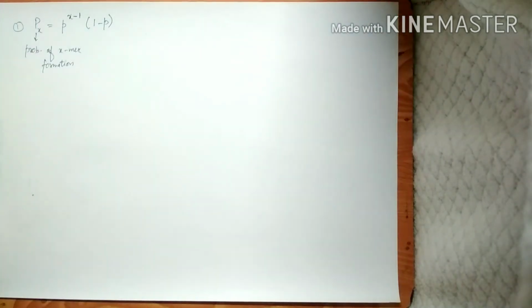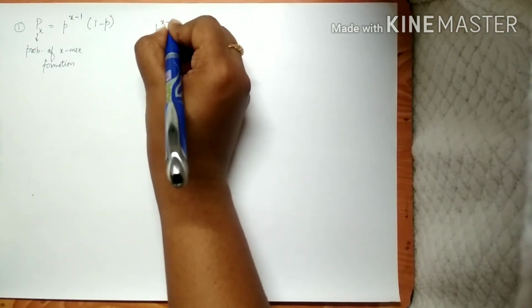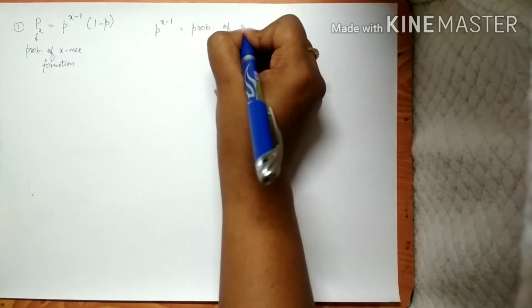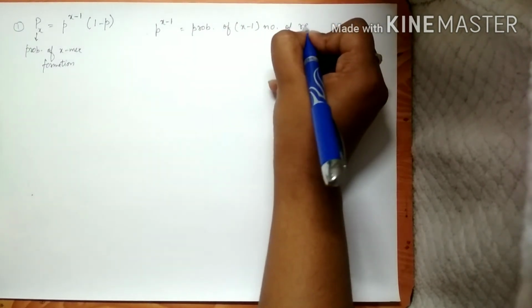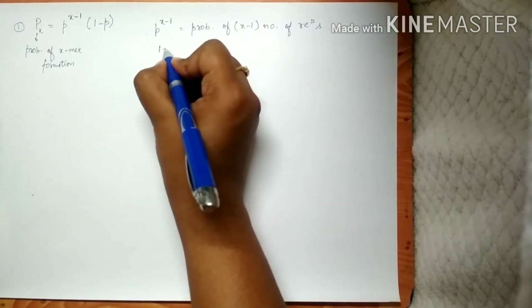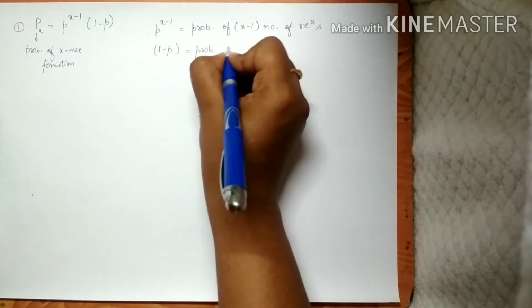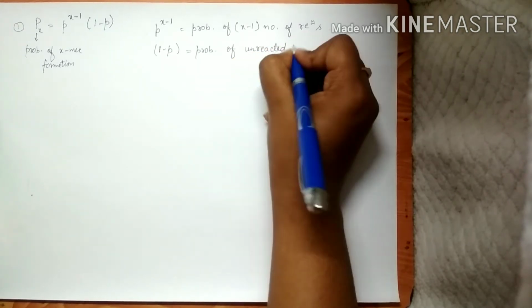An x-mer could be your dimer, trimer, any type of polymer. Now p to the power x minus 1 represents the probability of x minus 1 number of reactions, and 1 minus p is the probability of unreacted monomers.